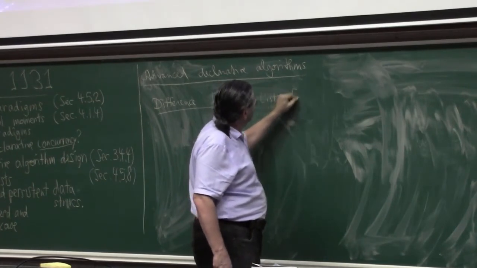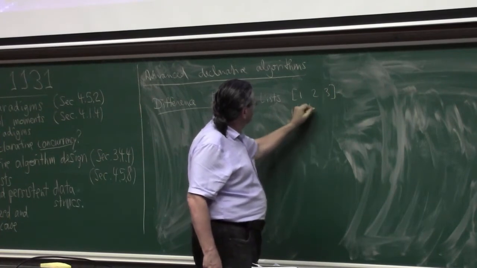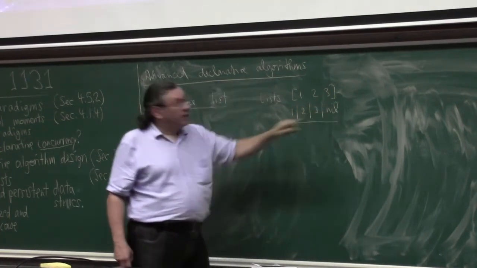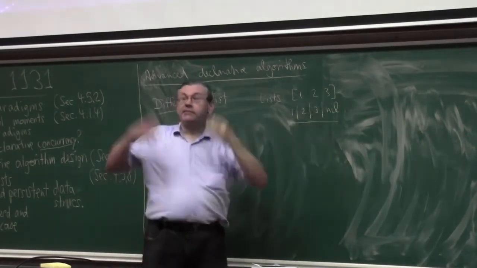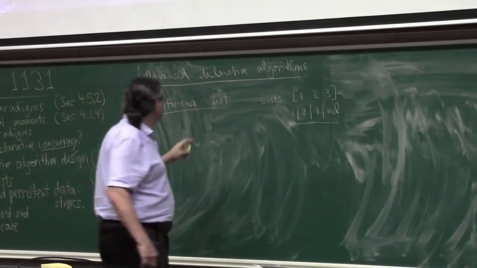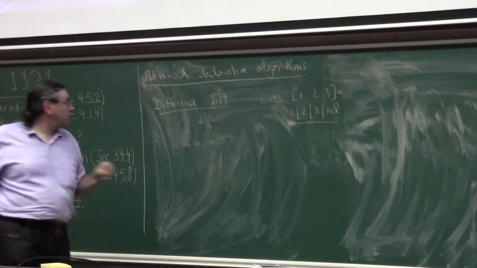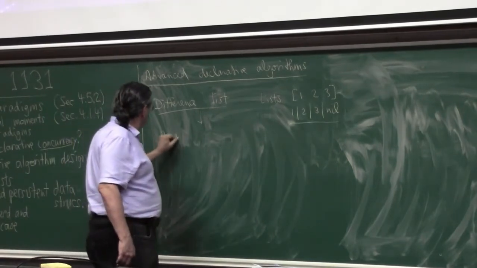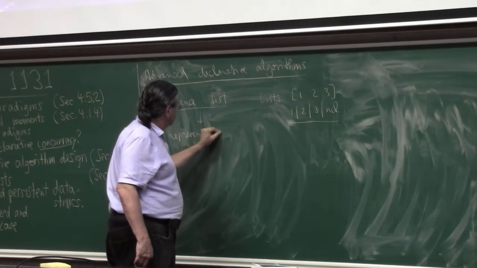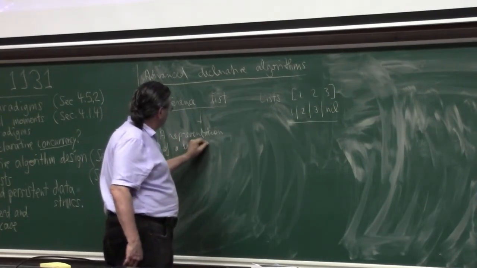So here's a list, 1, 2, 3. And you can write it like this: 1 bar, 2 bar, 3 bar. So we know lists. Lists are values. Well, a difference list is a representation of a list as two lists.